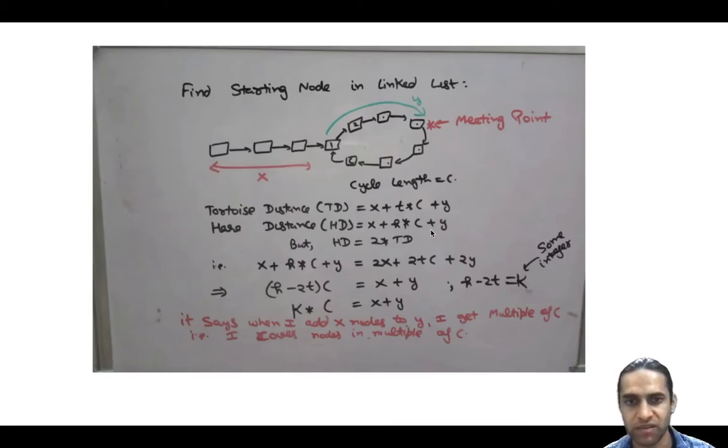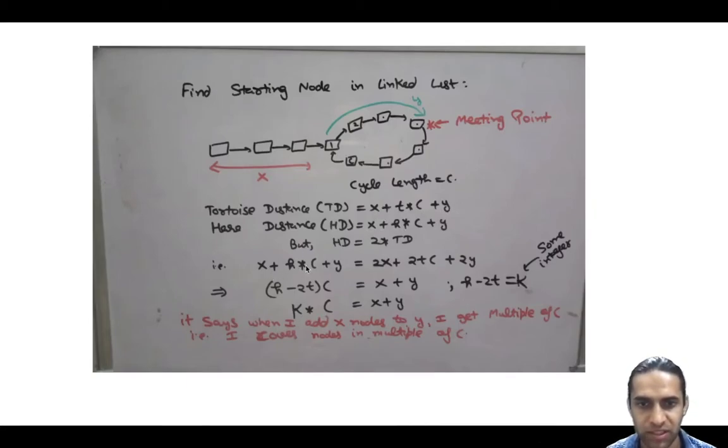But the hare's distance is twice the distance of the tortoise, which is hd is 2 times td. Pardon my bad handwriting. What I'm saying is, because the hare is taking two steps at a time, whatever distance this is, it is twice the distance of this one.